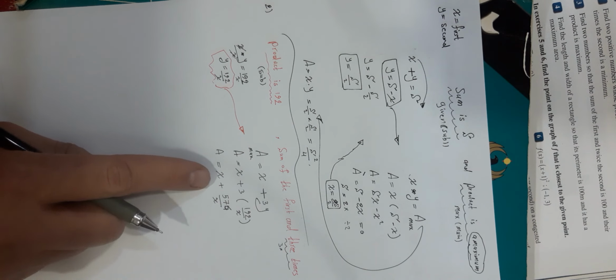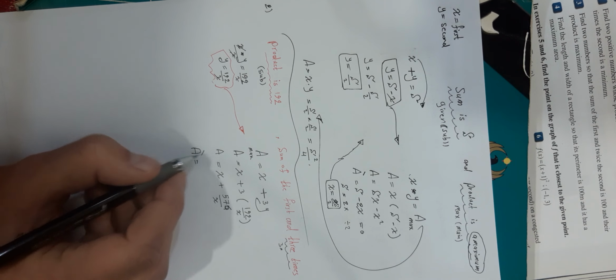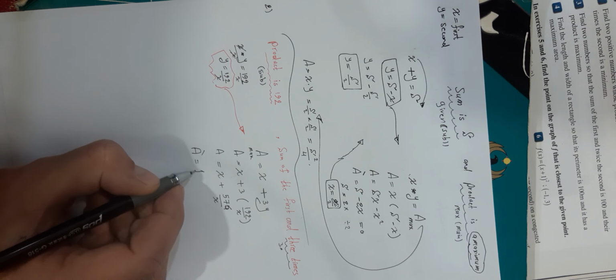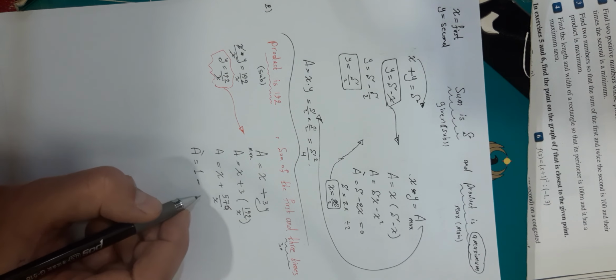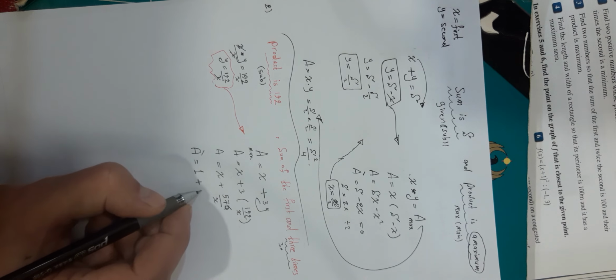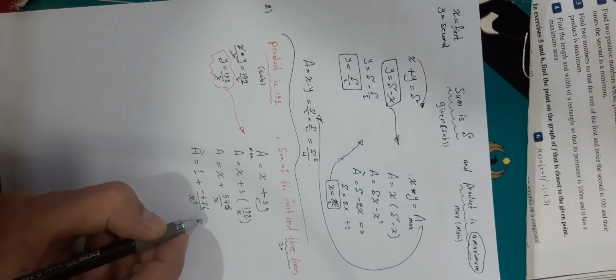Now I have just one variable, so I can take the derivative for both. The derivative of a is a dash, the derivative of x is equal to 1, and the derivative of 576 over x is equal to negative 576 over x squared. After that set it equal to 0.